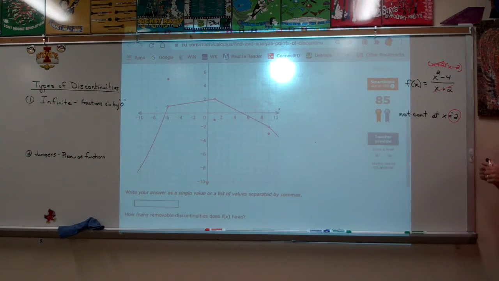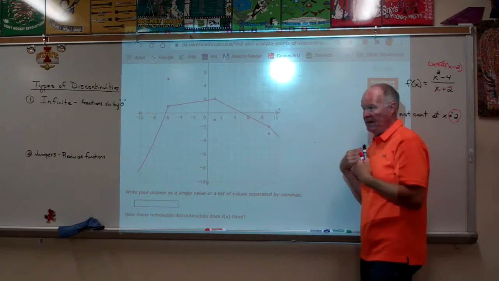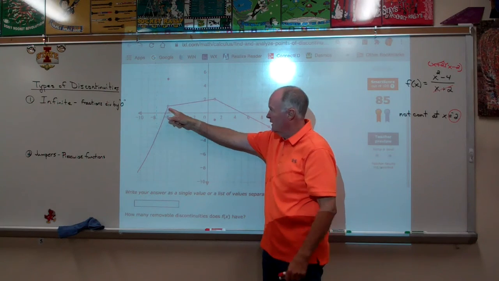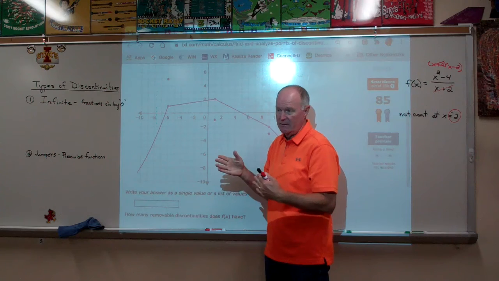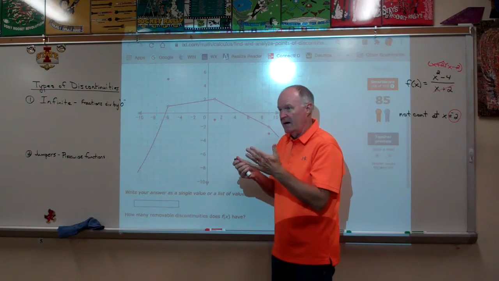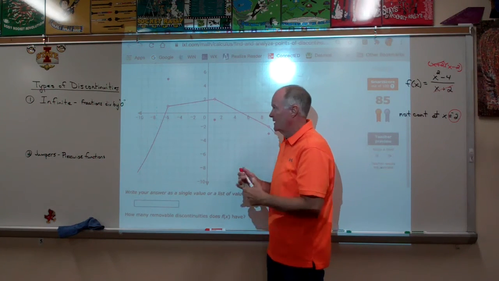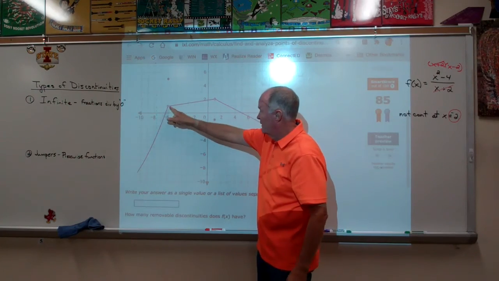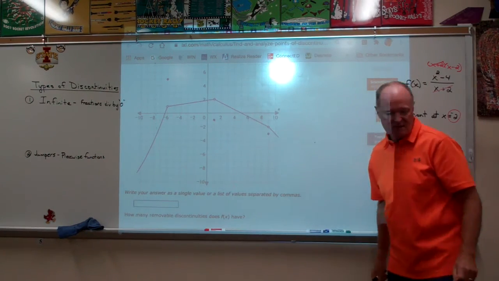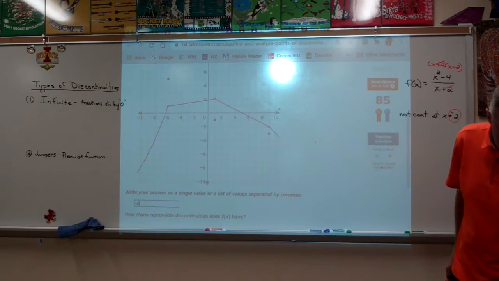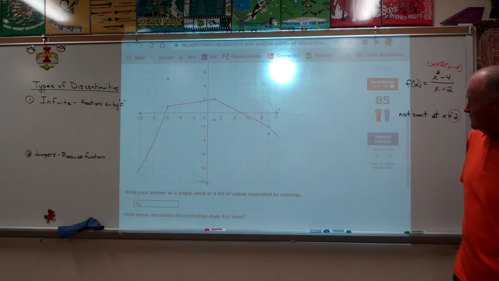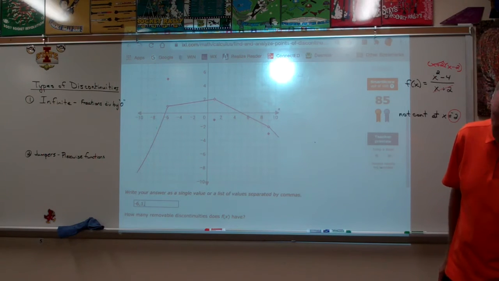and the reason we circle it is when it's a removable discontinuity, it's going to look just like that. There's going to be an open dot with 2 lines coming out of it. Okay? Open dot with 2 lines coming out of it. So in this case, I actually have -6 is an issue, 1 is an issue, and 9 is an issue.